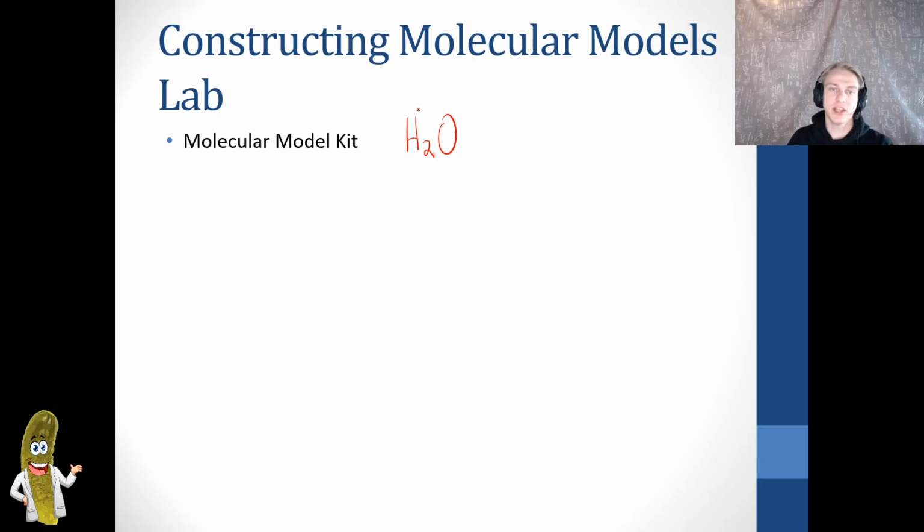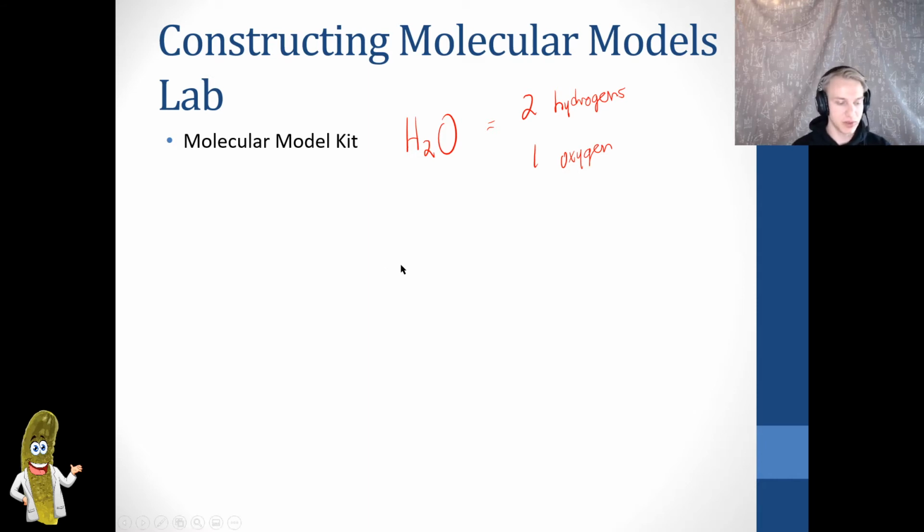The reason I'm going to do H2O is it hits on a couple of points here. The first point is that this molecule is made of 2 hydrogens and 1 oxygen. And so in order to actually show how this works, we need to draw out the Bohr diagrams.